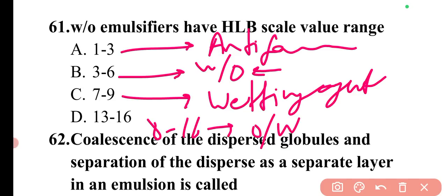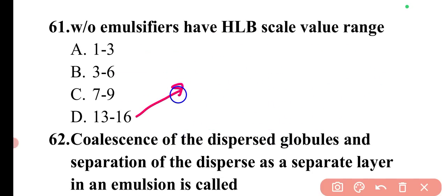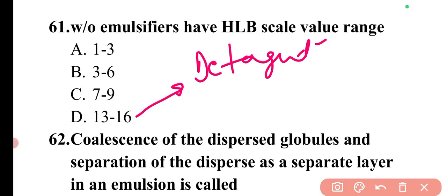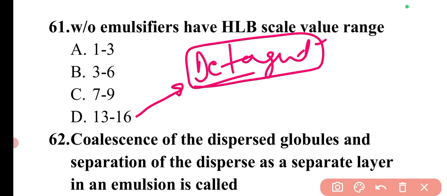Now you can see there is a shift from oily nature to watery, aqueous nature. The next value is 13 to 16, or 13 to 15, for detergents. Detergents means it will start making foam.